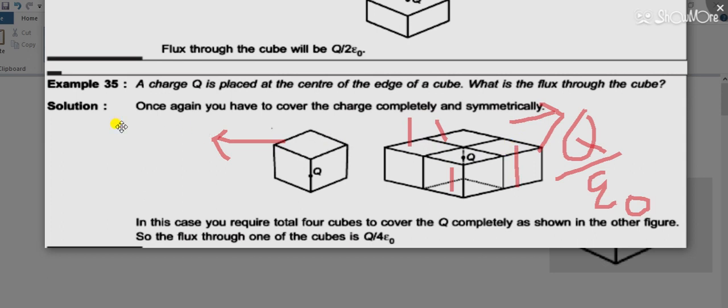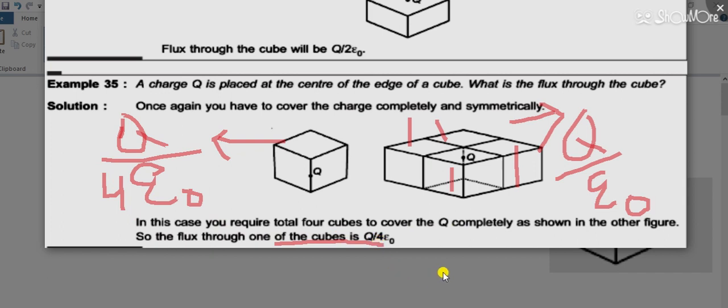That means the total flux for one cube will be q by epsilon naught, decreased by the factor 4. So the flux through one of the cubes will be q by 4 epsilon naught.